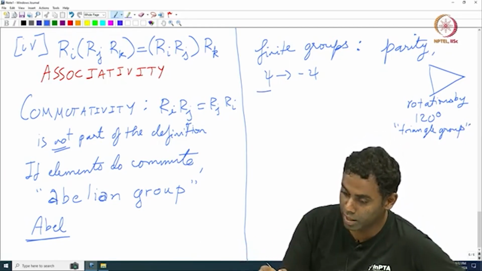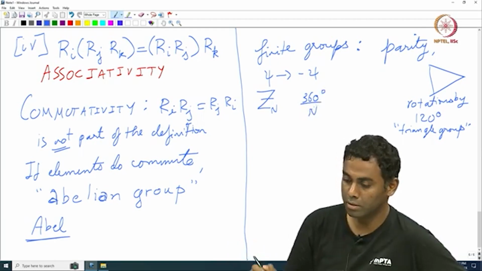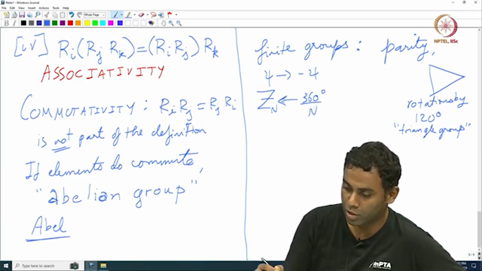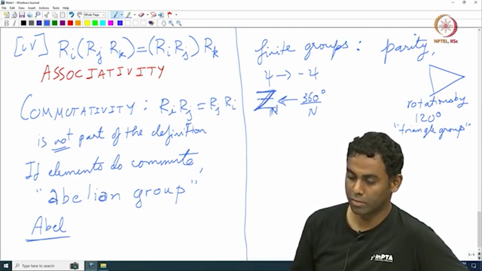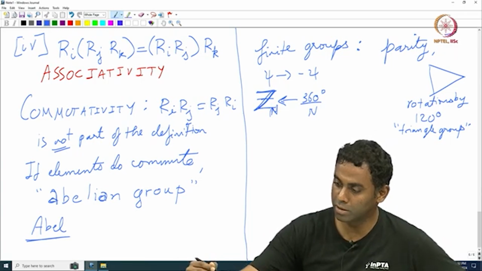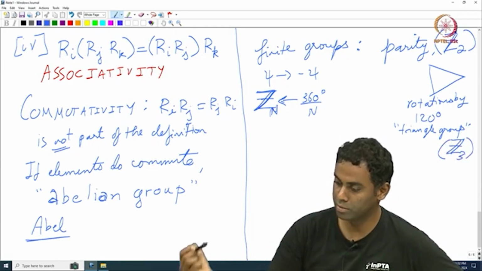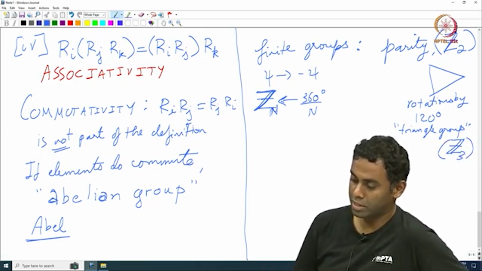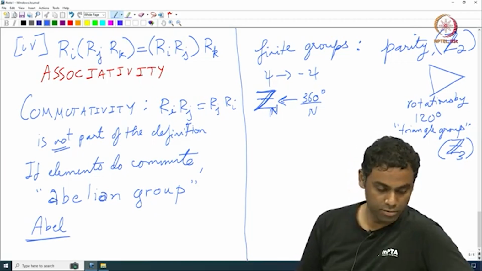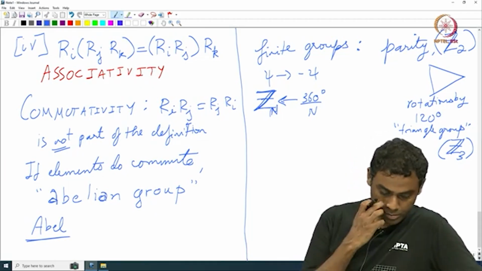I can have rotations by 360 degrees over n, some n, and that group would be called a Zn group. So, basically parity is what in this notation? It is a Z2 group, the triangle group is a Z3 group, if I set n to 2 or 3, and I can generalize this to any n. That is one example.